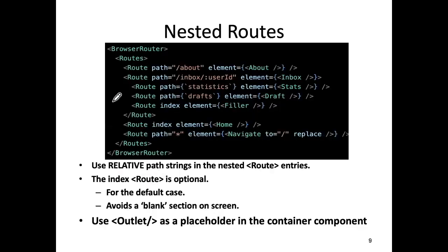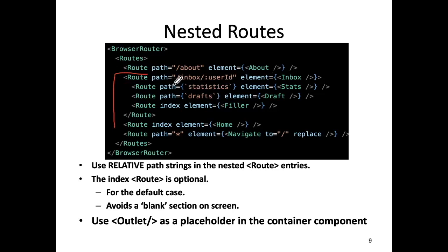And we express it in the routing configuration. Surprise, surprise. So it starts up here. Okay, here's my inbox slash user ID as before, and I mount the inbox component as before. But nested inside it are inner route entries.